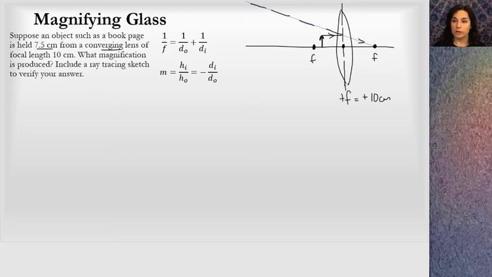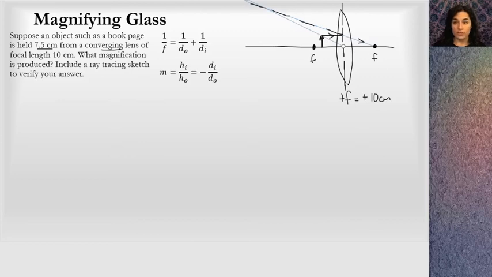Let's draw another ray. Another ray will be very easy to draw. Let's draw it through the center of the lens. We'll draw it through the center of the lens, and I'm going to line up the center of the lens with the tip of my object, and I'm going to extend it backwards here behind the lens, and we can see that they're going to meet up back here.